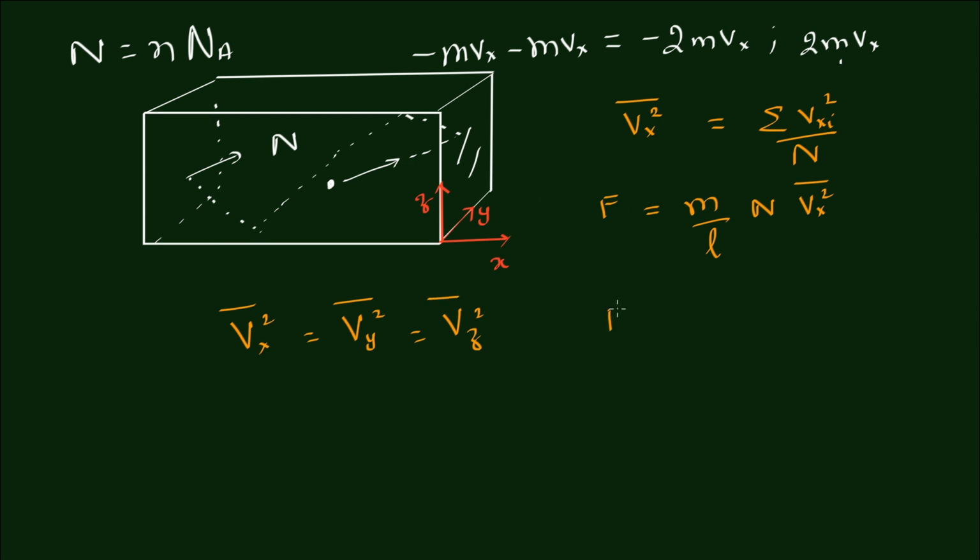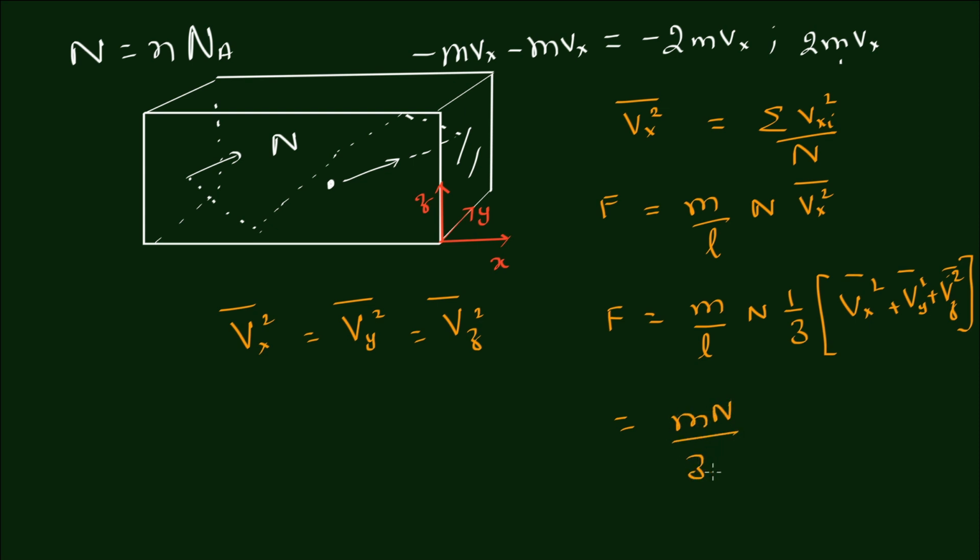So this force, we can write it as m by L times n multiplied by 1/3 of the average Vx squared plus the average Vy squared plus the average Vz squared. But then this is equal to mn by 3L.